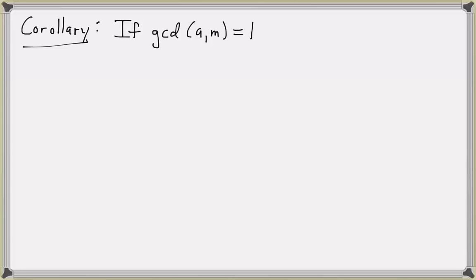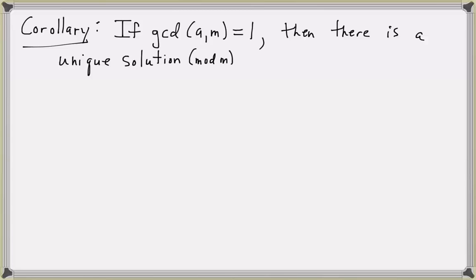So as a corollary, we see that if the greatest common divisor of A and M is 1, then there is a unique solution mod M to the congruence AX is congruent to 1 mod M.